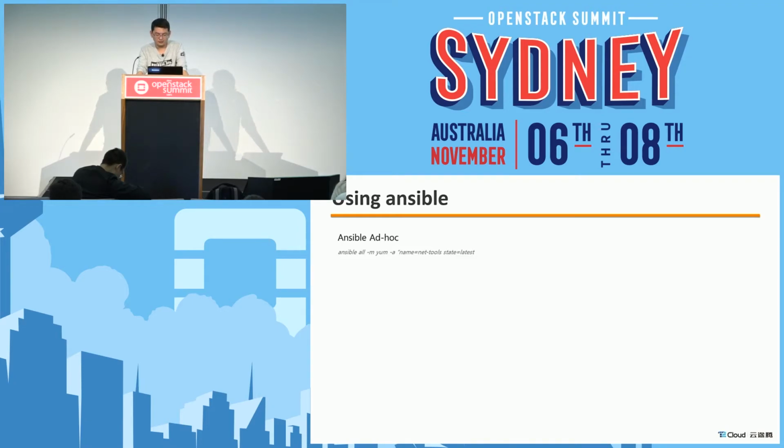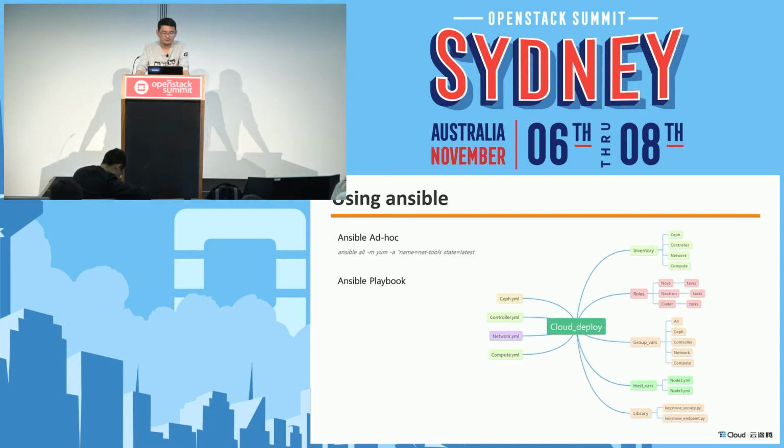Compared with ad hoc, playbook is a completely different way to use Ansible, and is particularly powerful. To use Ansible, we need a few things. Inventories. Inventories are essentially lists of hosts. In our environment, we divided our 800 nodes into 4 lists.